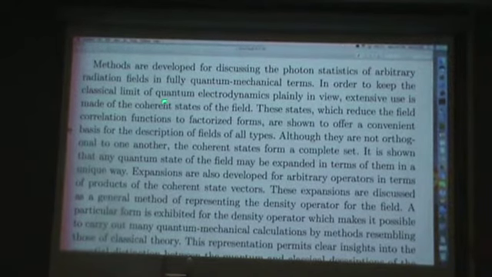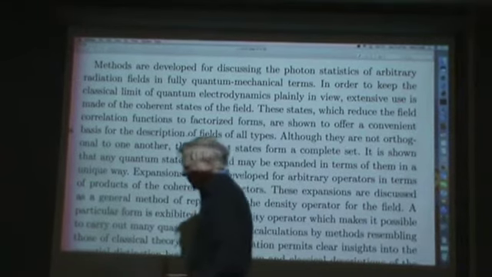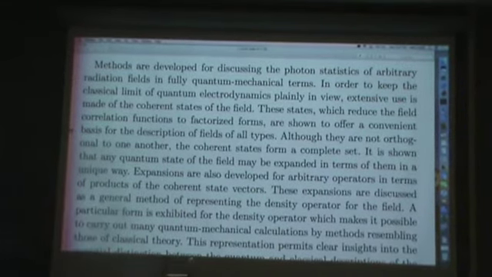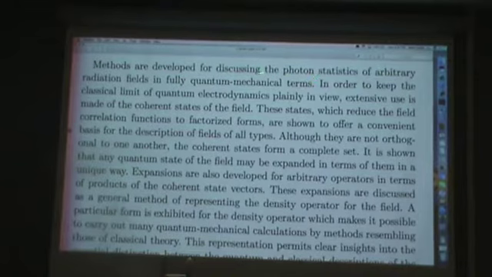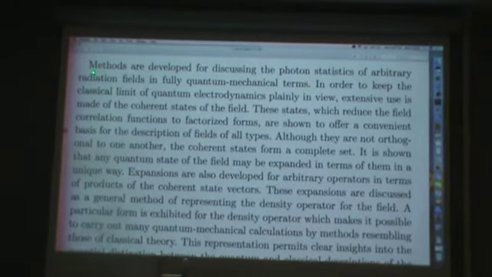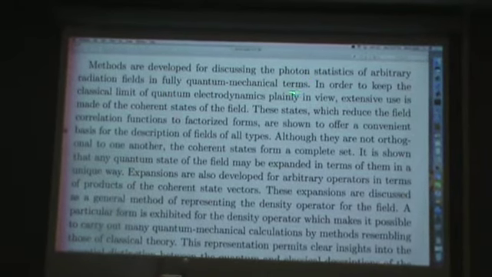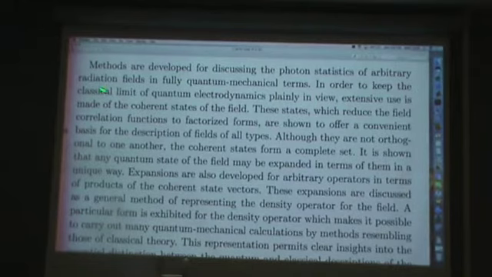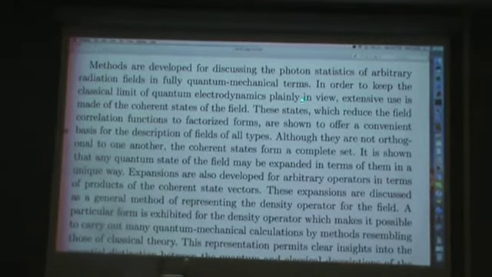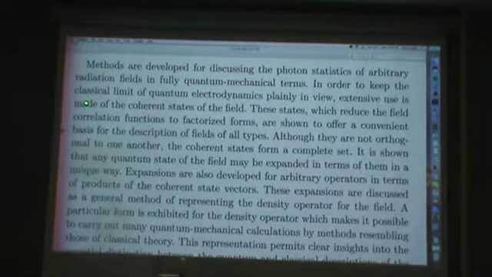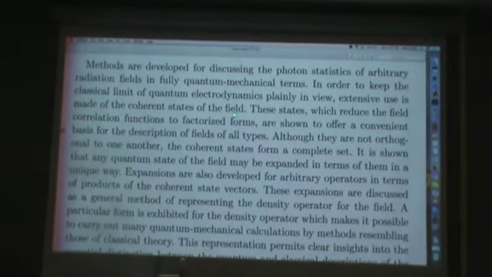This is another paper of his, also at the same time. These are the papers that basically got him the Nobel Prize in physics. "Methods developed for discussing the photon statistics of arbitrary radiation fields in fully quantum mechanical terms. In order to keep the classical limit of quantum electrodynamics plainly in view, extensive use is made of the coherent states of the field.